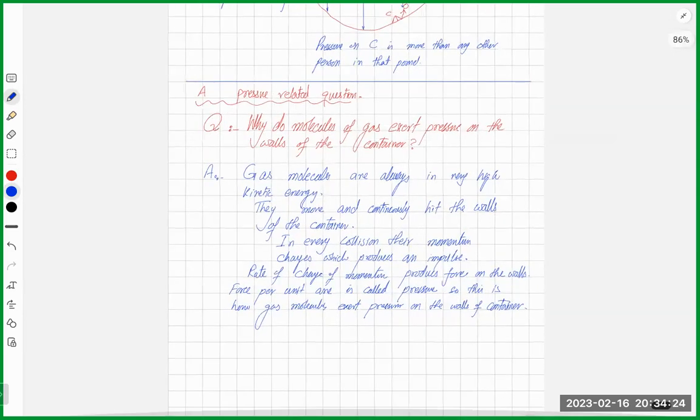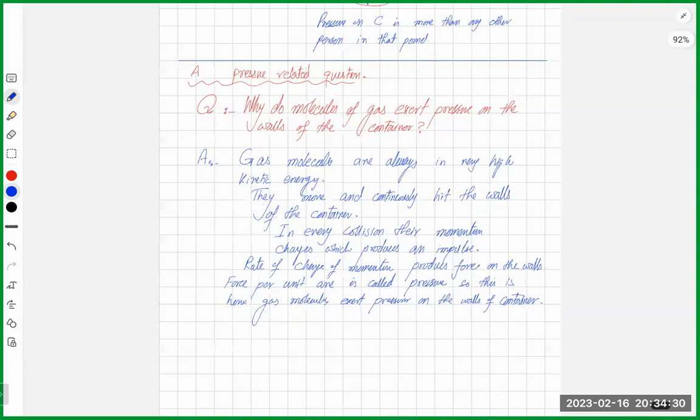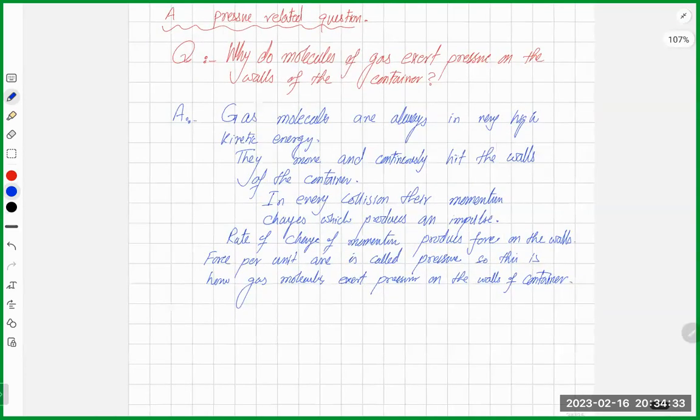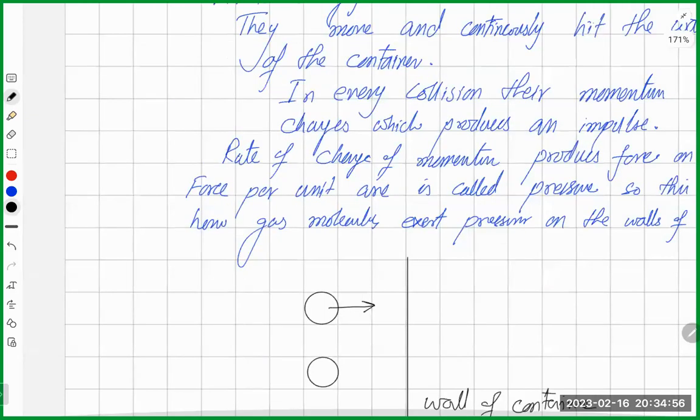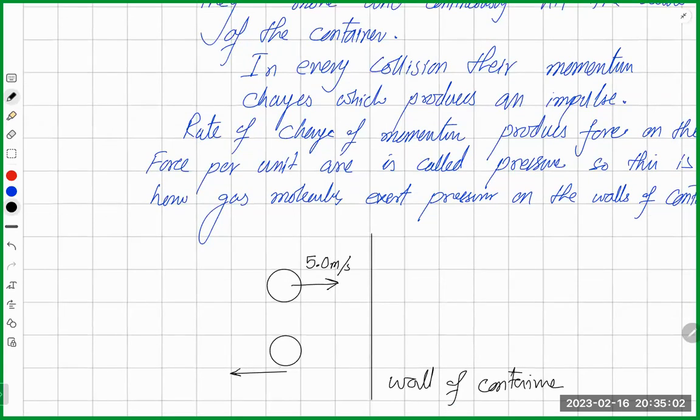This is the wall of the container. If this is the ball that is coming towards the wall with a velocity of say 5 meter per second, and then it comes back with a velocity of minus 3 meter per second.